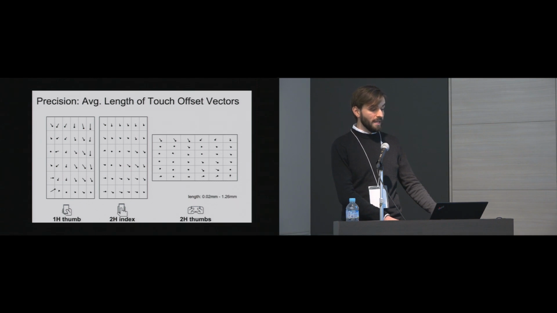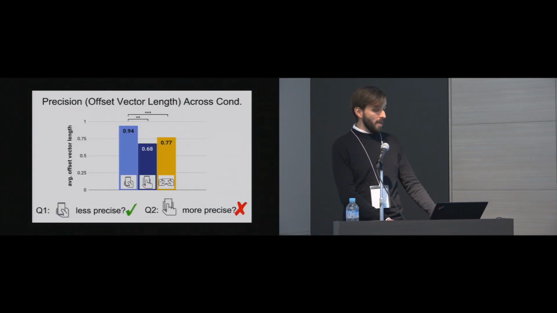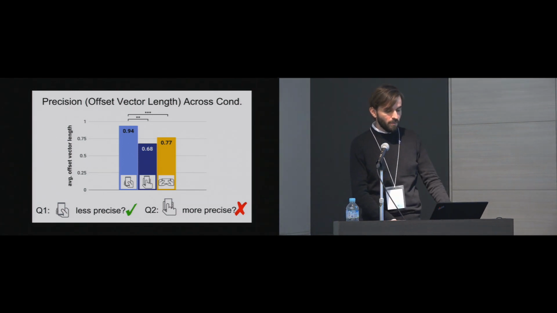And again, we can see that how you hold your phone influences precision in a characteristic way. And pairwise comparison shows worse precision for the one-handed thumb grip. This confirms research question number 1. However, there were no significant results between the other grips. Therefore, research question 2 is rejected.